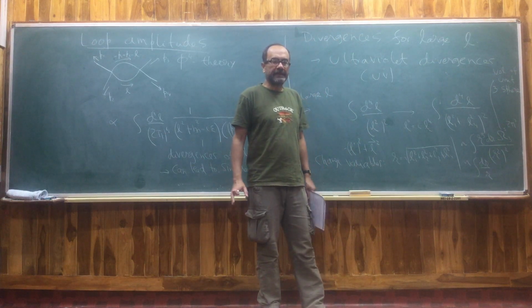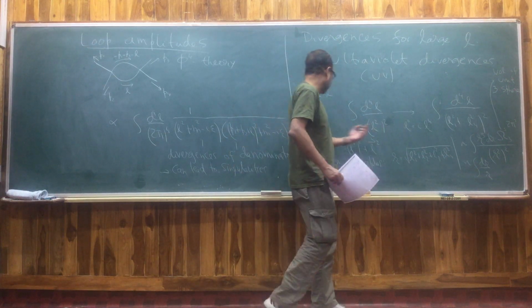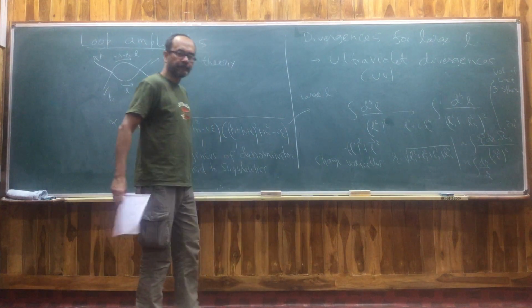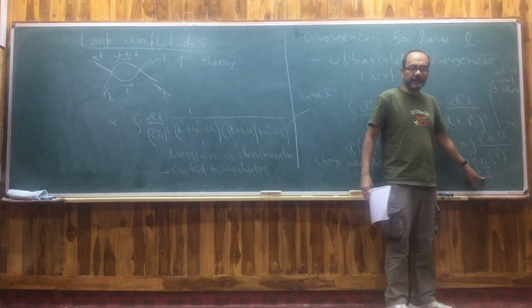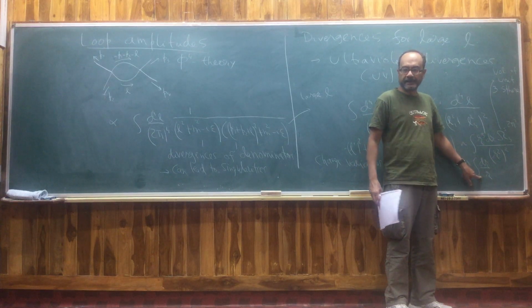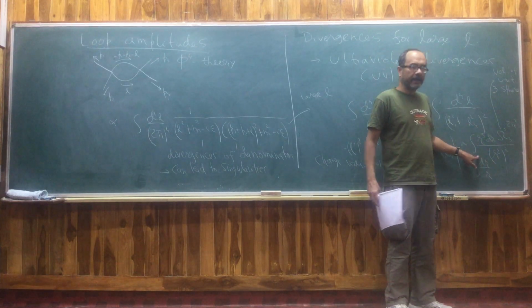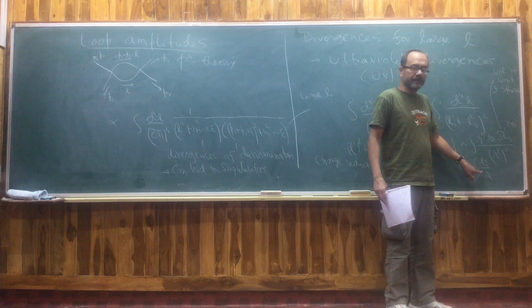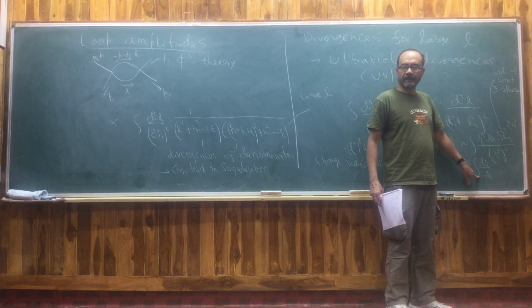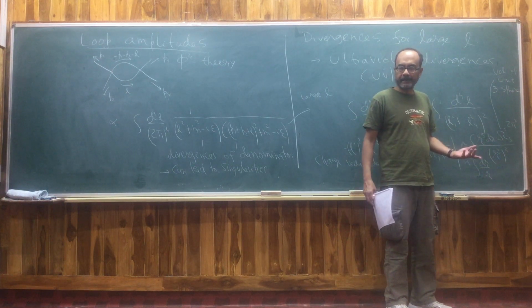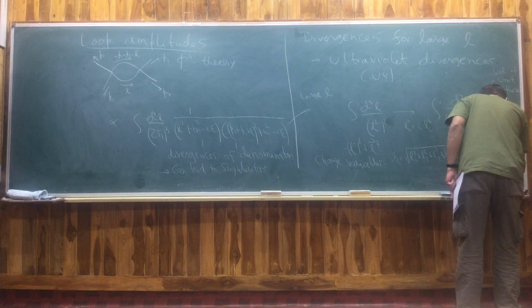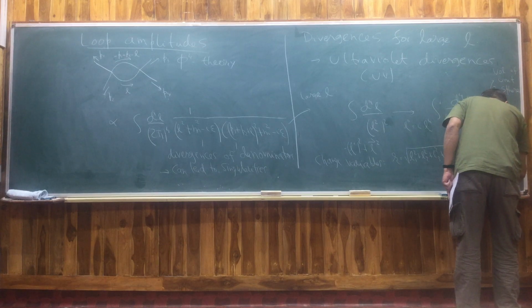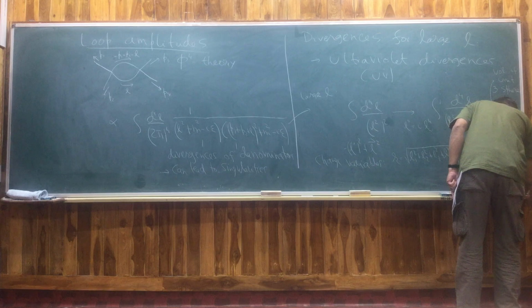Of course, you shouldn't trust it for small r, because for small r there are various corrections which I have ignored. But you will see that for large r, it goes as dr over r, and hence it is logarithmically divergent. If you take the upper limit to be lambda, this goes as log lambda, and that goes to infinity as lambda goes to infinity.